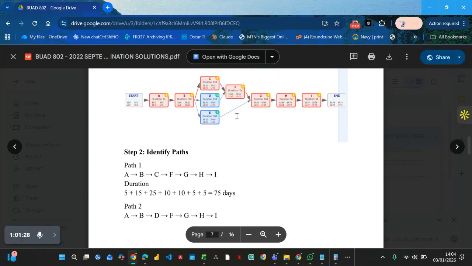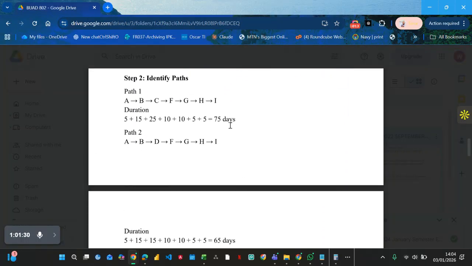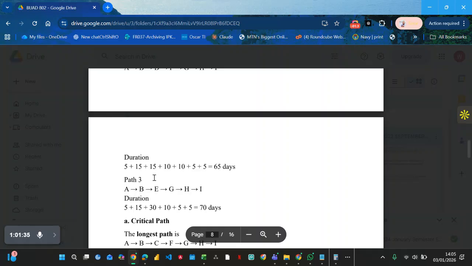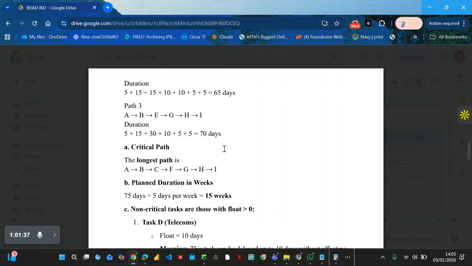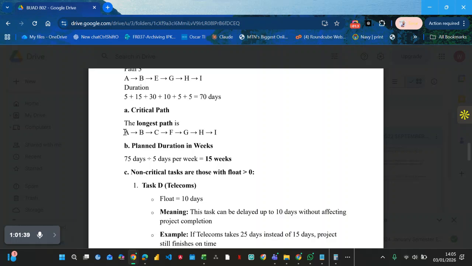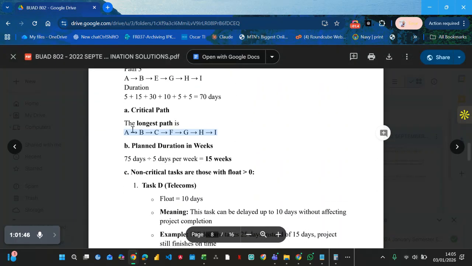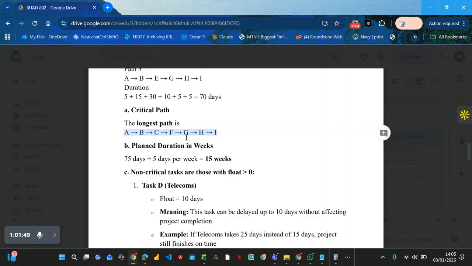This slack time comes from when we joined our network analysis. Looking at this part, A, B, C, F, G, this is the longest path. We are looking at the activities that are not on it, which is D. D is not in the longest path, which is the critical path.